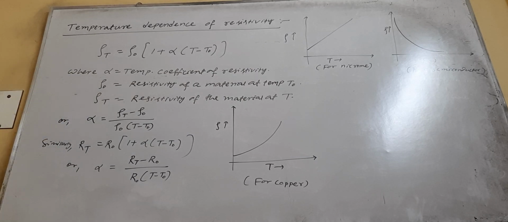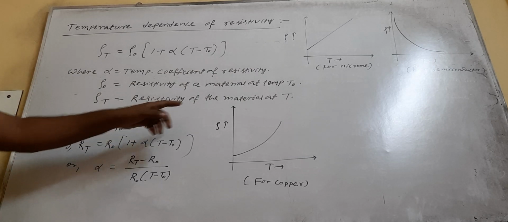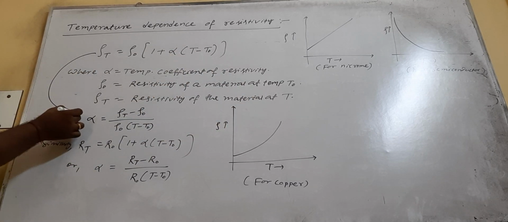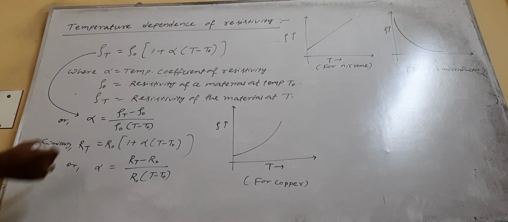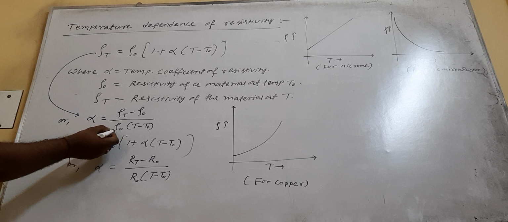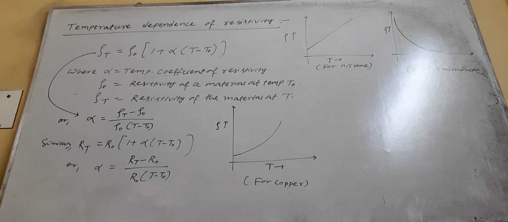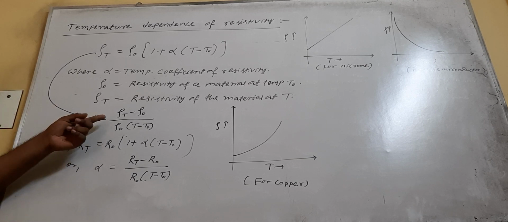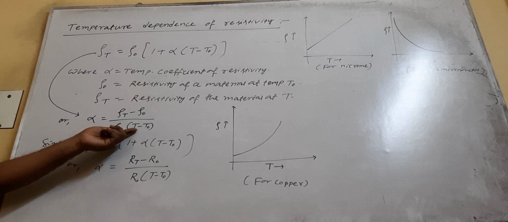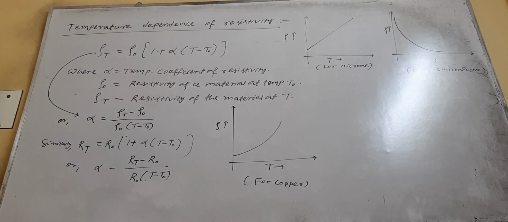Rho T is the resistivity of the material at temperature T. So from this expression you can write alpha is equal to (rho T minus rho 0) divided by rho 0 into (T minus T0). That means this temperature coefficient of resistivity is the change in resistivity per unit original resistivity per degree rise of temperature.